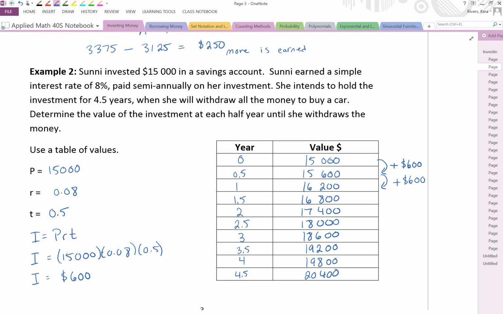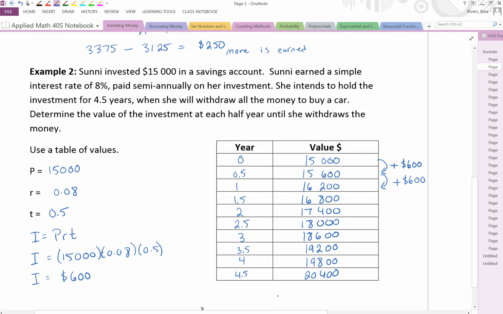All right, so we can see that adding $600 for every half year would get us to a point for Sunny at 4.5 years. Has she earned $20,400? Well, no, but her total value, or her future value at the end of 4.5 years, would be $20,400. We haven't seen how much she's earned in terms of her interest.